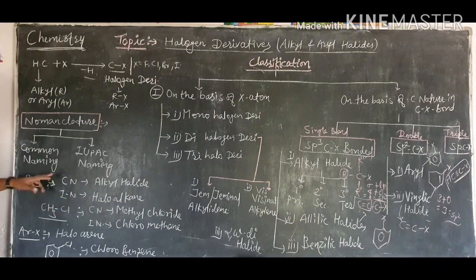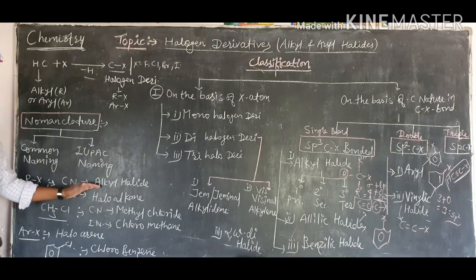Common naming of alkyl halide we write like this: alkyl halide. And the second is nomenclature according to IUPAC naming, which will be haloalkane, like haloalkane.